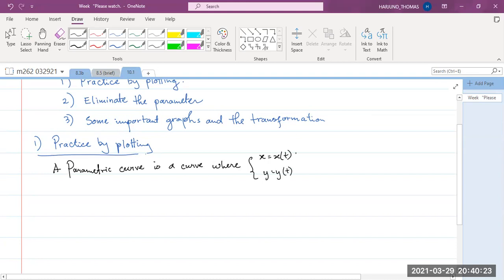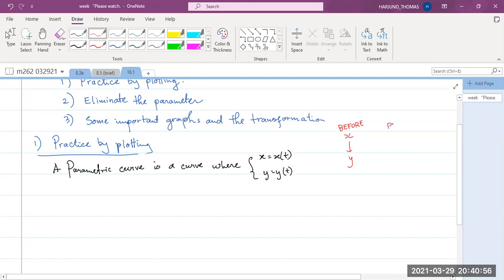Our textbook actually uses f(t) and g(t) for the x and y respectively. But I will just stick with x as a function of t, y as a function of t. Now, what happened in the past was y is a function of x, right? That's what we have before in regular function. Y is a function of x.